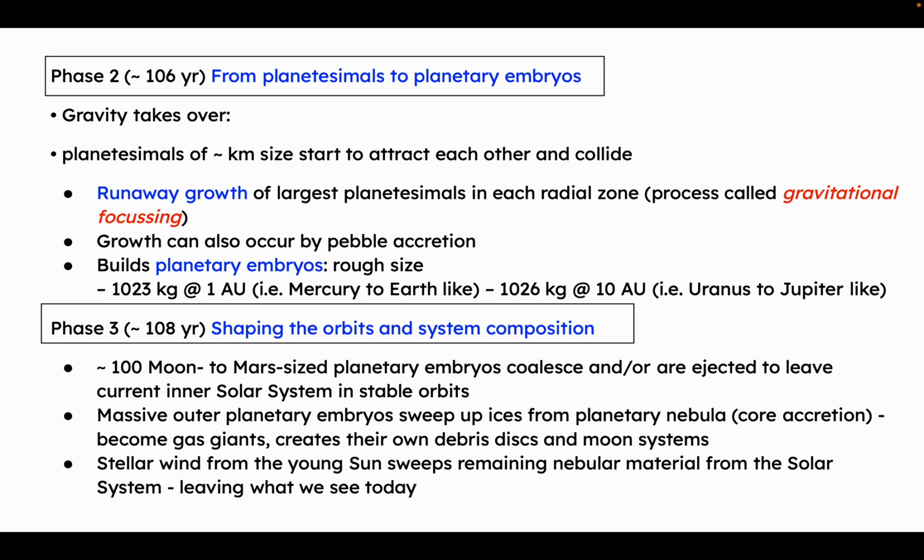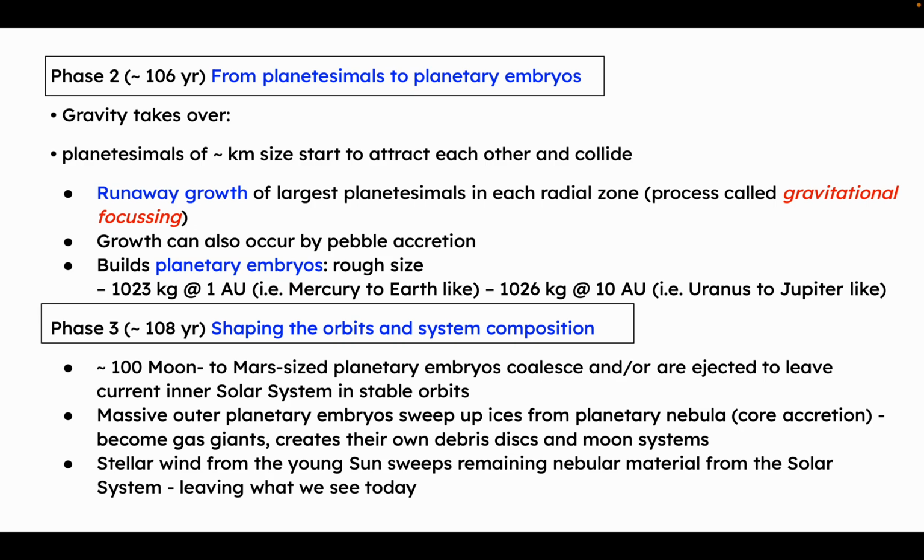In this planetesimal to planetary embryo formation, the main interaction is gravity. Growth occurs by two processes, pebble accretion and gravitational focusing. The largest planetesimals just collide and grow to bigger sizes.